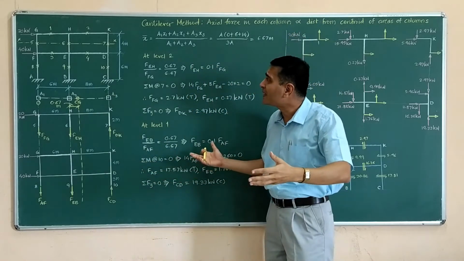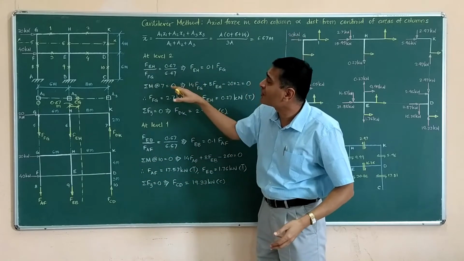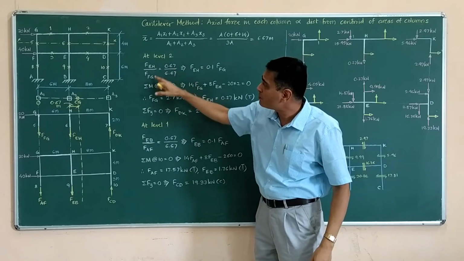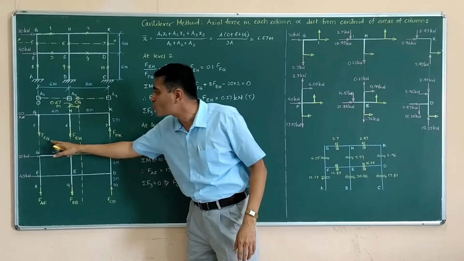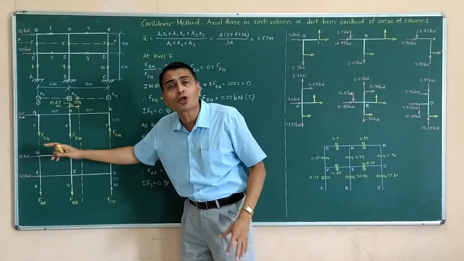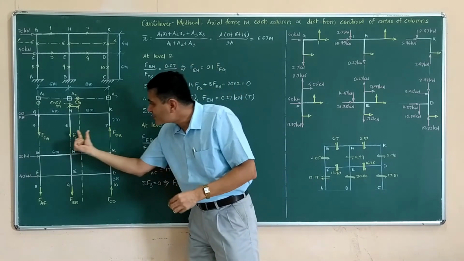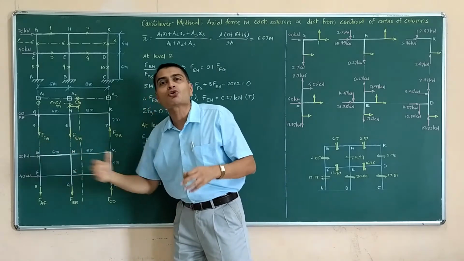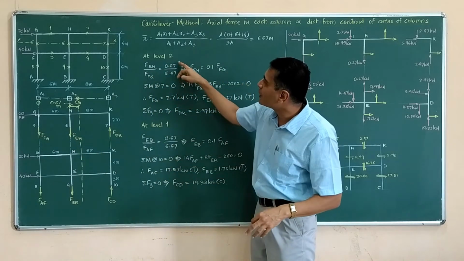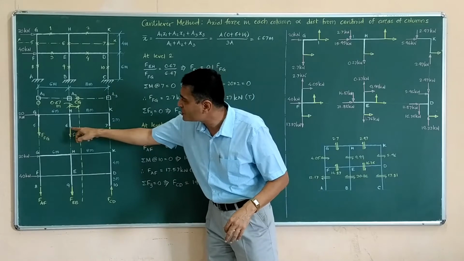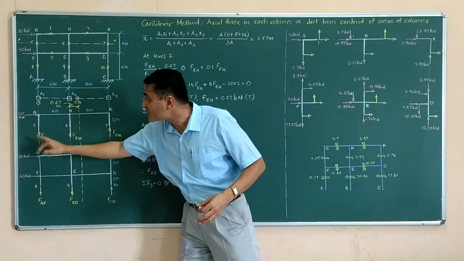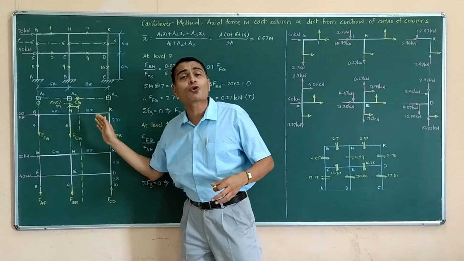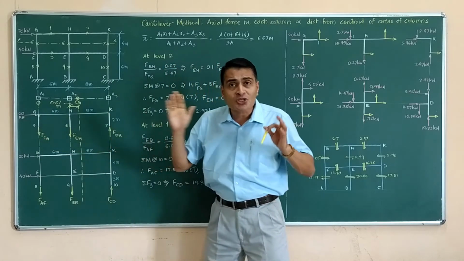The same thing I am writing in another way: F of EH upon F of FG, that is the force carried by this column upon the force carried by this column, equals the distance of that column upon the distance of the other column, that is 0.67, which is this much distance, upon 6.67, that is the total distance of the FG column from the centroid.